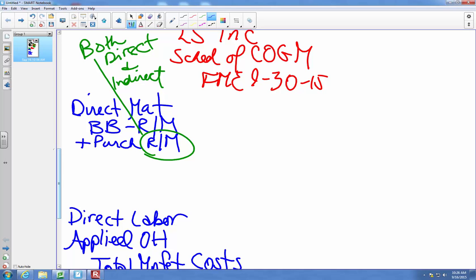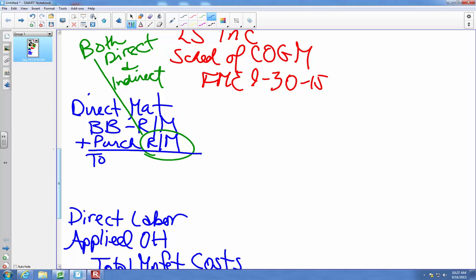So here's what I started with in my raw materials account. Here's all the stuff I bought during the period. I throw that right into raw materials inventory as I buy it. So if you add those two things together, I've got what's available to use. They call that total raw materials available.